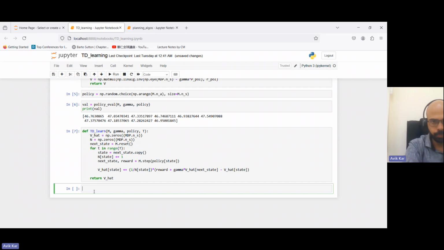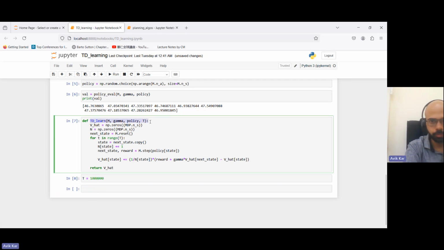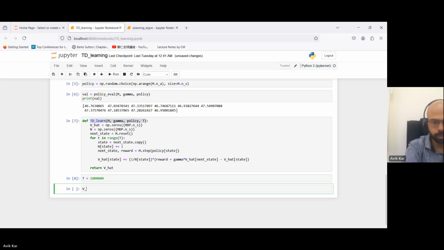What we do not have is this capital T. Let's keep it 1 million. Then that's it. We have to call this function with the policy.